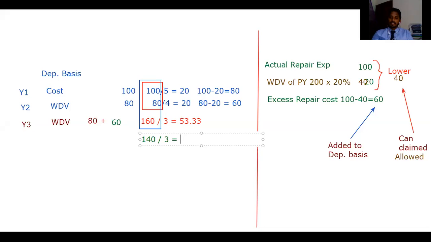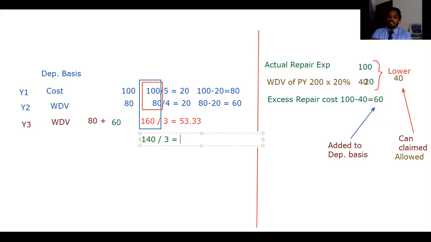If they do the repair expenses in bulk, then they have to identify actual repair costs on that particular asset. If they are unable to identify that asset exactly, then they can't do this adjustment. They have to identify exactly which asset they are going to repair, and what is the WDV of this asset.